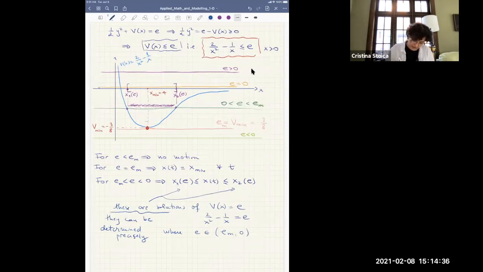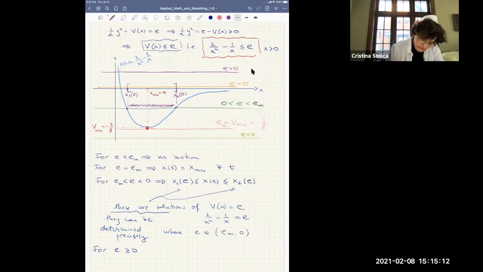Now we have E equal to 0. But to be honest, for E equal to 0 it's pretty much the same as when the energy is above 0, so let me go back to E greater than or equal to 0, because they're the same. No matter if I'm at 0 or above 0, the allowed region of motion is somewhere; I'm doing it above 0 because it's easier.